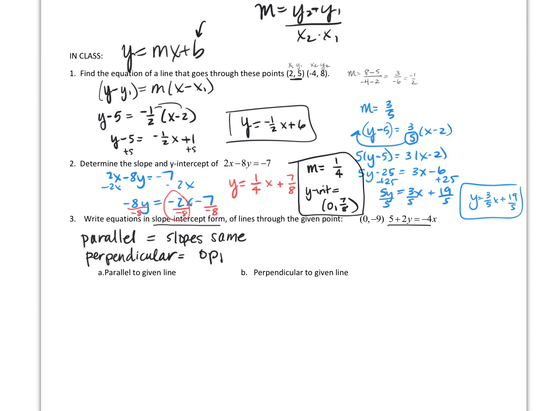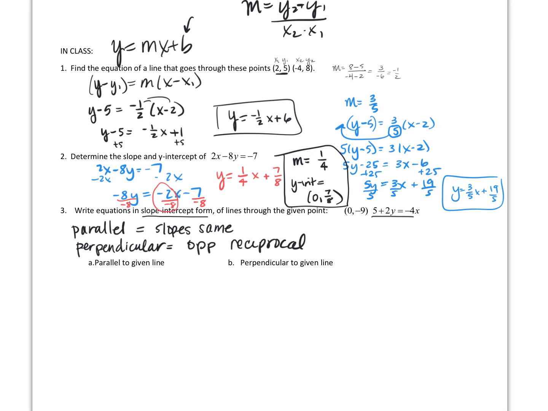Then we call them the opposite reciprocals, right? So if one of them is 2, the other one is negative 1/2. Opposite means opposite sign. Reciprocal means flipped over, okay? That's how you know they would be perpendicular.